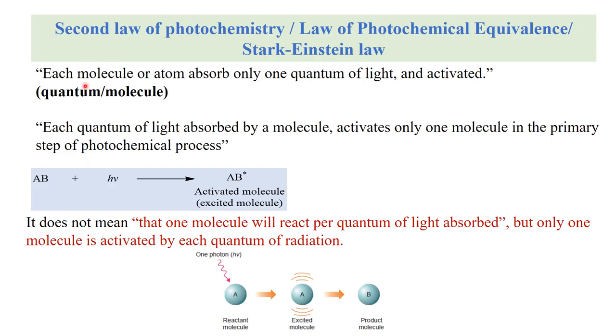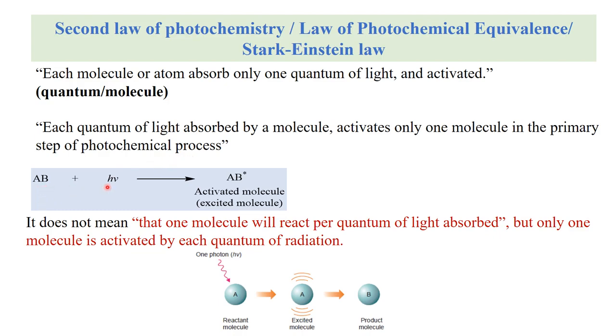It states that each molecule or atom of the reactant absorbs only one quantum of light and activates it. Simply, one quantum per one molecule. In other words, each quantum of light absorbed by a molecule activates only one molecule in the primary step of the photochemical process.